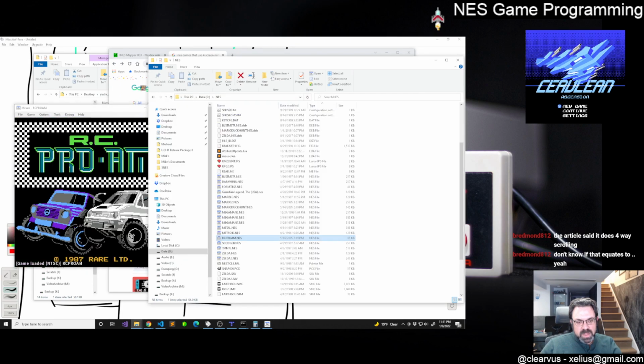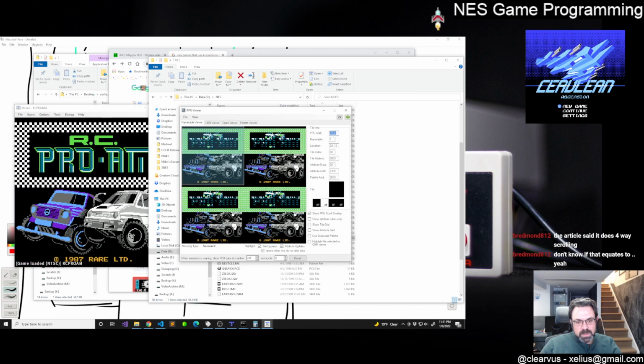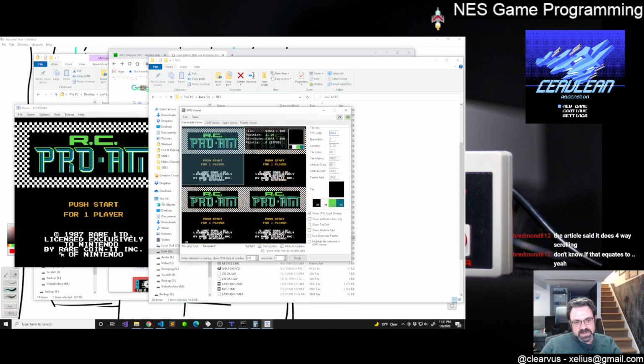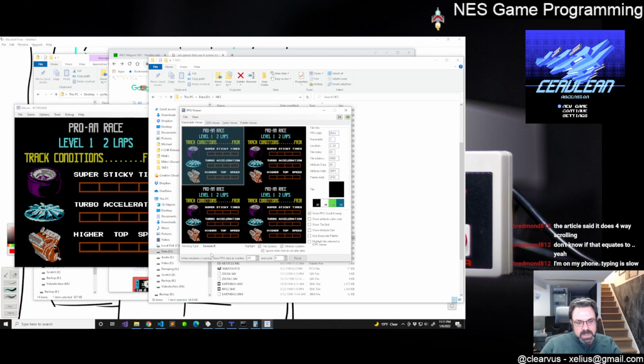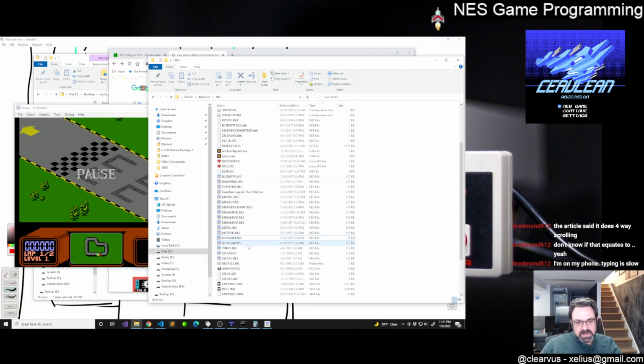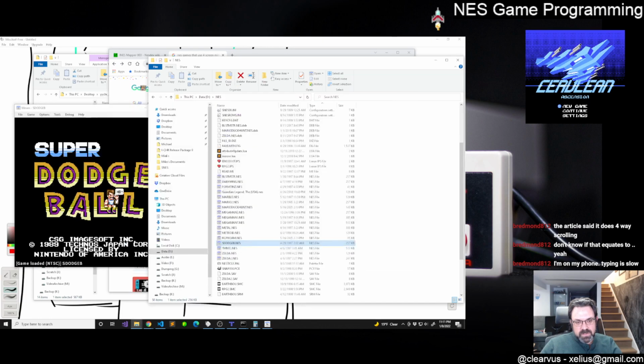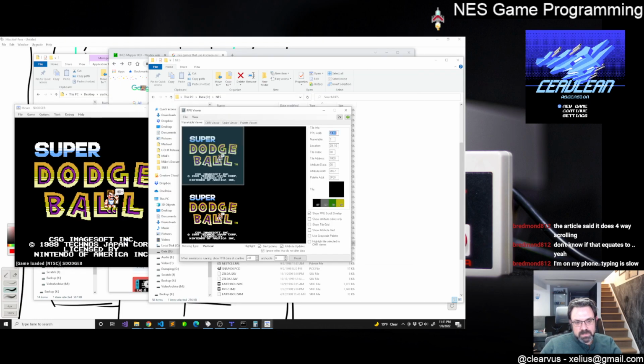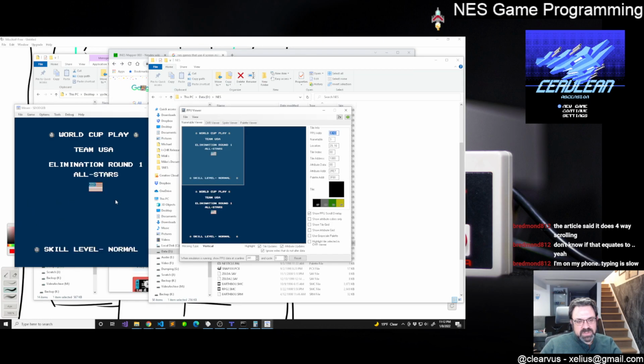How about RC Pro-Am? Oh, is this some new fresh hell. Screen B. So this looks like one screen, which doesn't surprise me because of how complex the code is to do the... You know what? This might use 4-screen mirroring. Actually, no, I take that back.